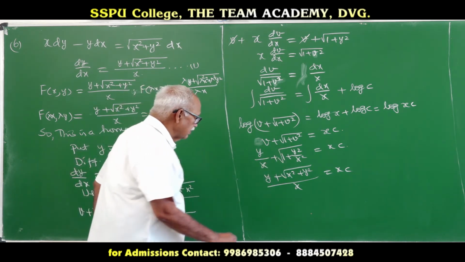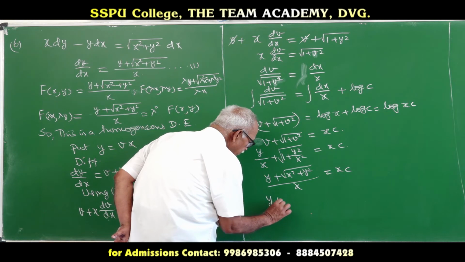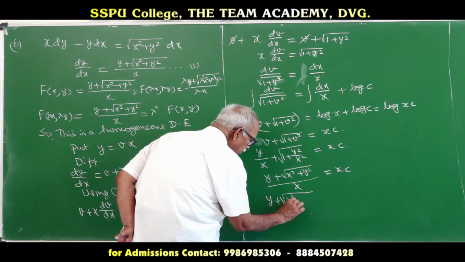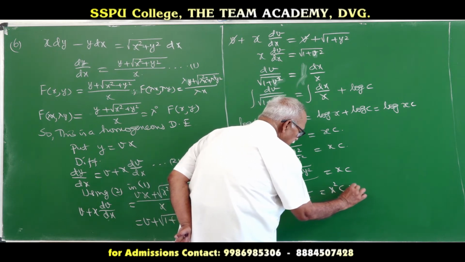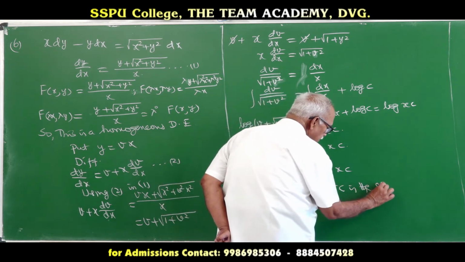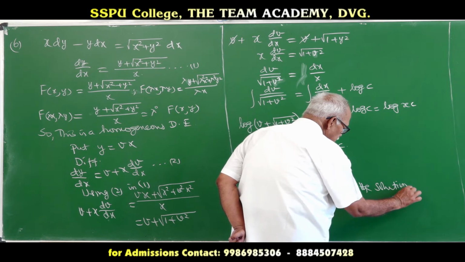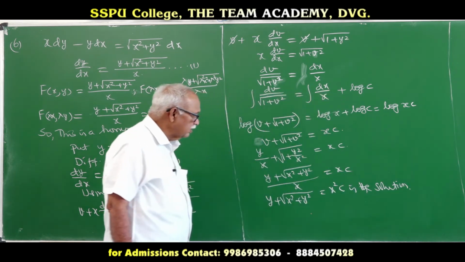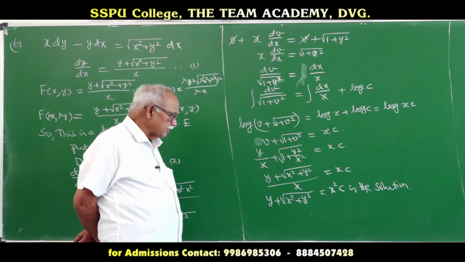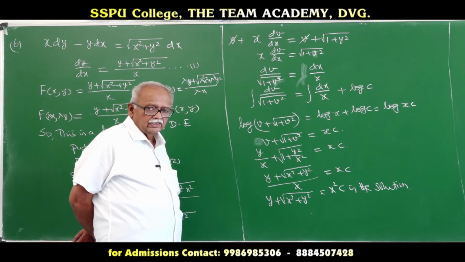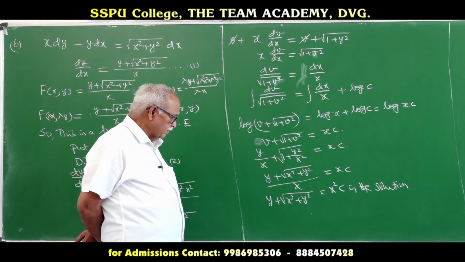So the answer is y plus square root of x square plus y square is equal to x square c. This is the solution for this.